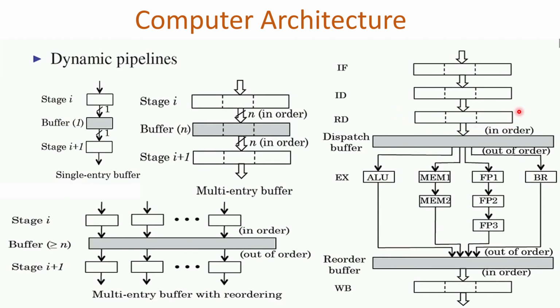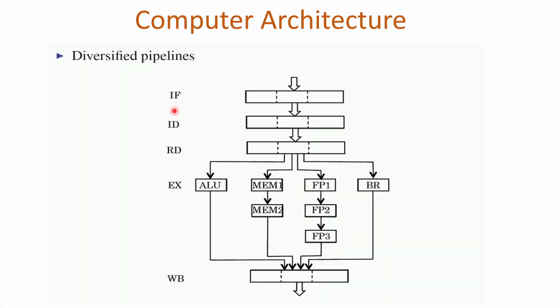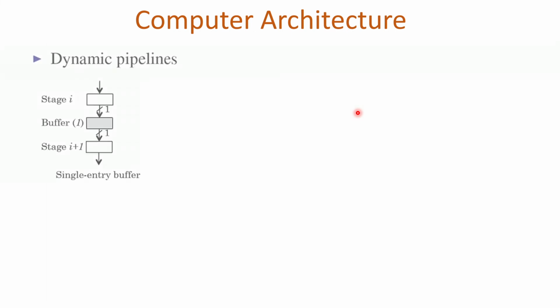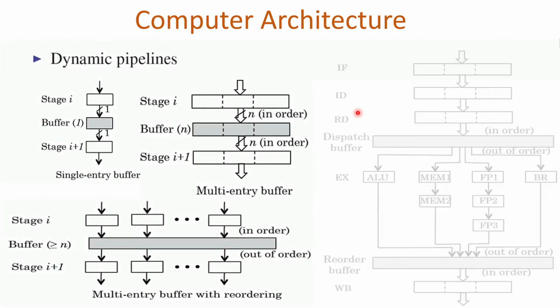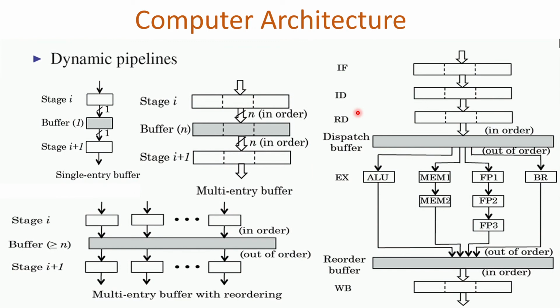This particular diagram you have seen in the diversified pipeline also, but in the diversified pipeline we have not thought about order. We have not thought about out of order instructions. But superscalar pipelining is capable of working with instructions that may be out of order.